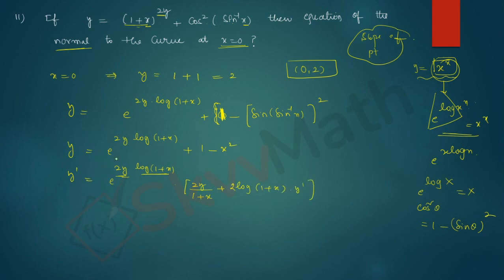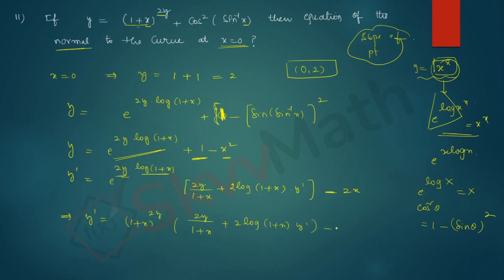Okay, so the differentiation of this is finished. Now derivative of 1 is 0 minus derivative of x square is 2x. So this implies y dash is equal to, I replace this again with the original function, 1 plus x to the power of 2y, we wrote an alternative form to differentiate, right? So 2y by 1 plus x plus 2 log 1 plus x into y dash.